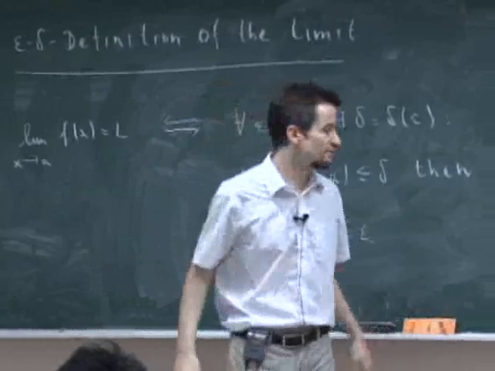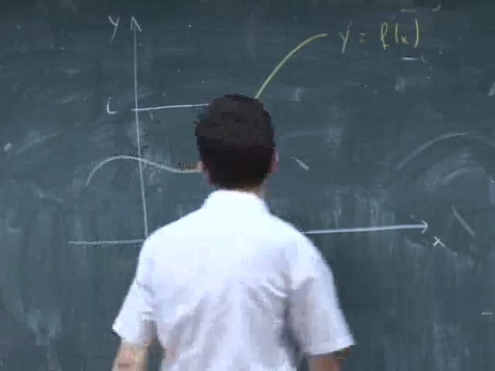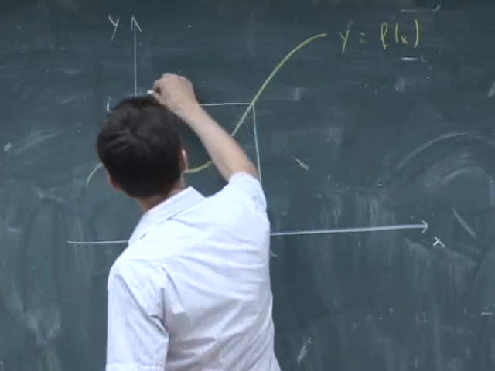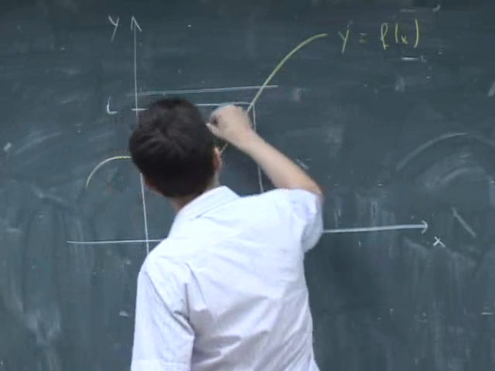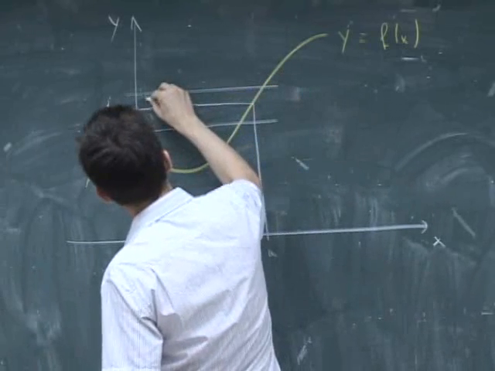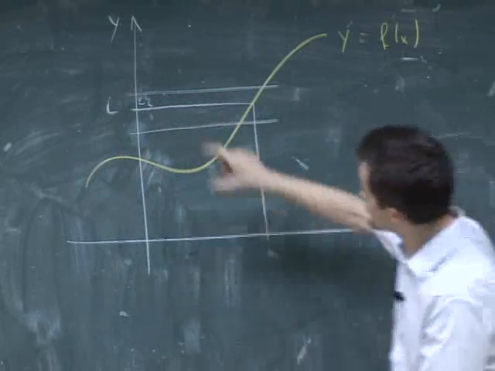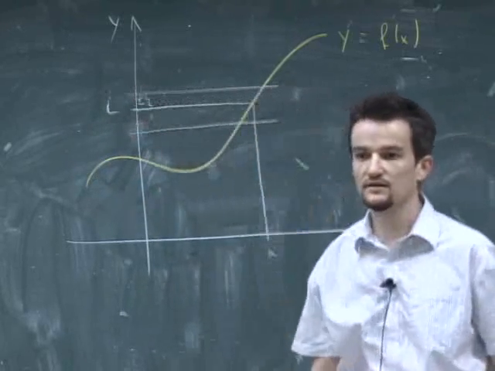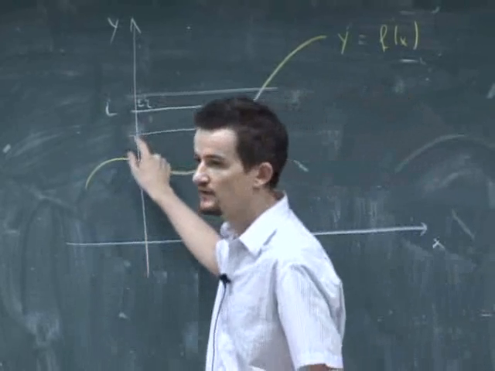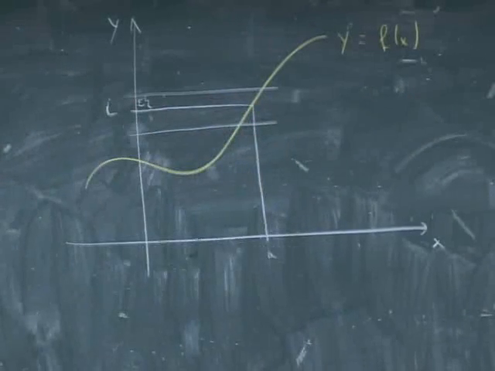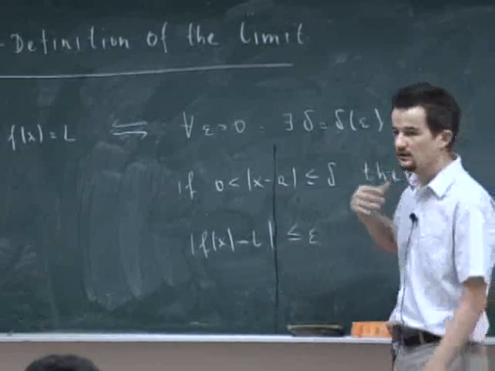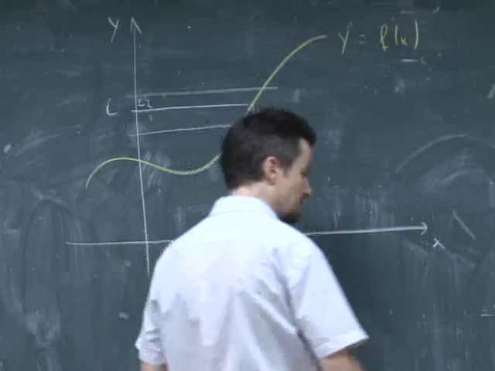If you look at the graph, this definition means that whenever you give me an epsilon, which is something like this here, whenever you give me such a strip of thickness 2 epsilon, I have to find the delta such that all the function values within this interval are mapped into the strip. So in this case, you see, of course you have several choices.